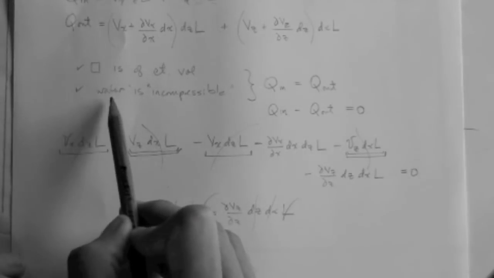And we also assume that water is incompressible. Now, water is not truly incompressible. Incompressibility means that the stiffness is infinity, which is impossible for a material, right? Water is compressible, but it has such a high stiffness compared to other materials that we sometimes assume it to be incompressible.